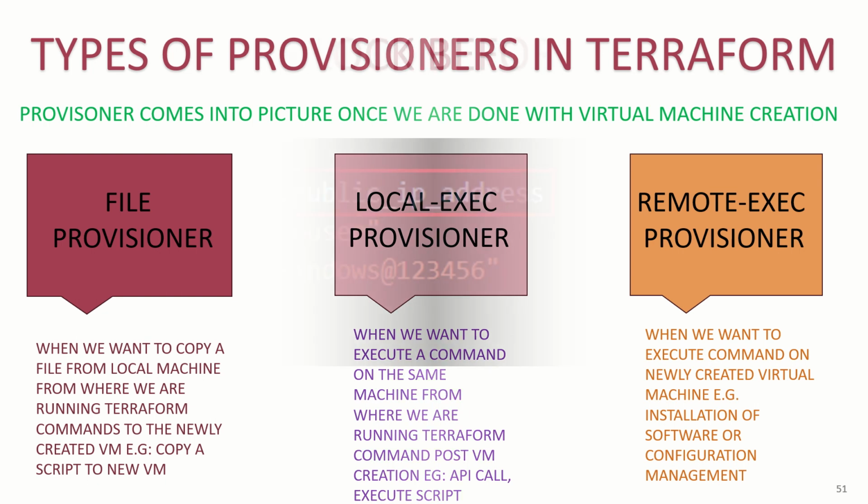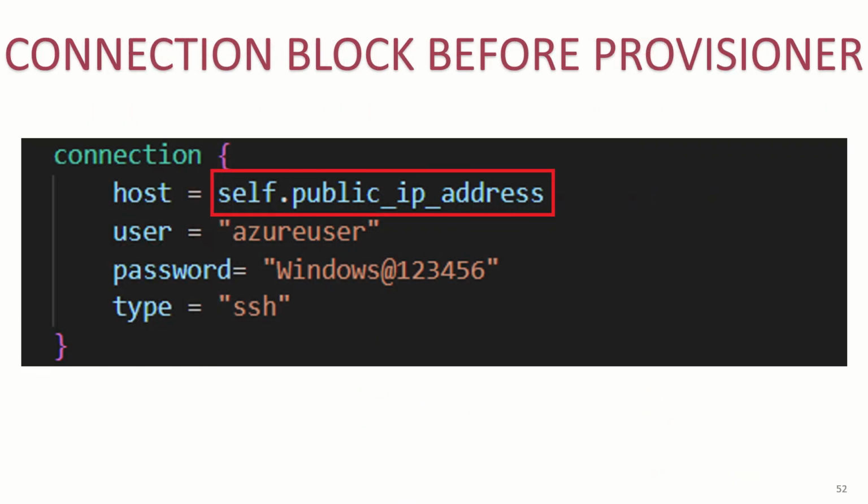Once we need to invoke any of these provisioners, first of all we need to place a connection block, because how would our Terraform script know that it needs to perform certain actions on that particular machine? So we place a connection block first, then we use the remote exec provisioner. In the connection block we need to give host, username, password, and type.